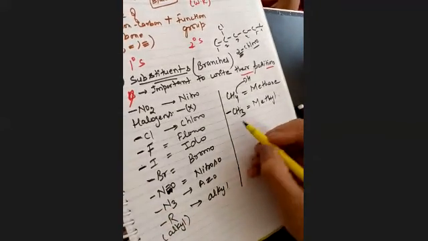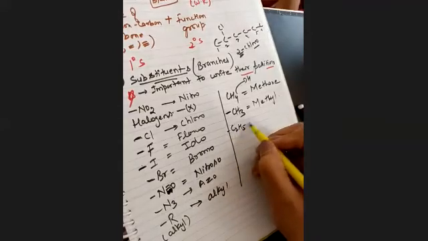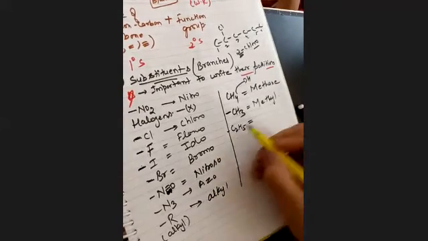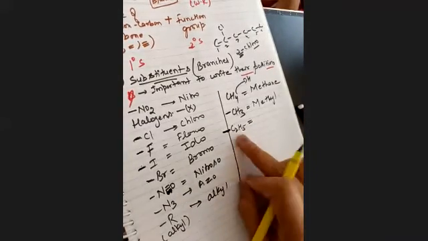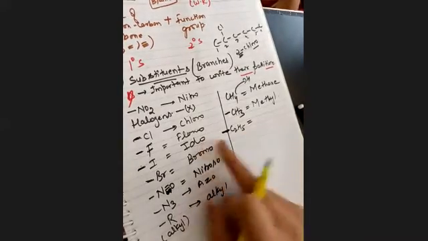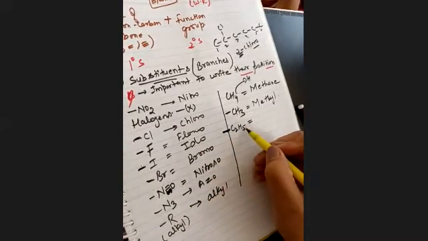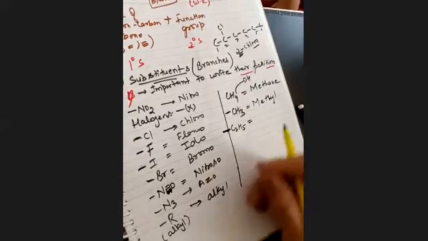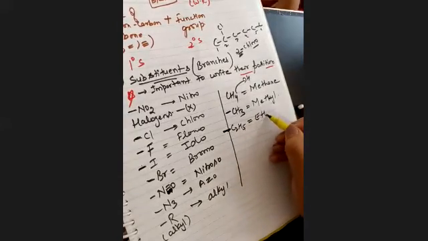Let me take one more example. C2H5. If this were C2H6, that would be ethane. But now since it is C2H5 and it is attached with a bond, this is ethyl.